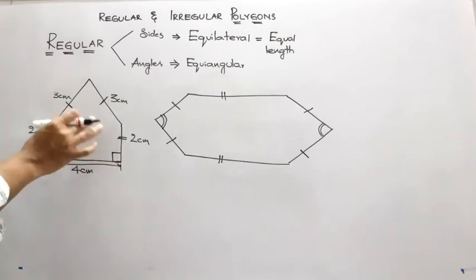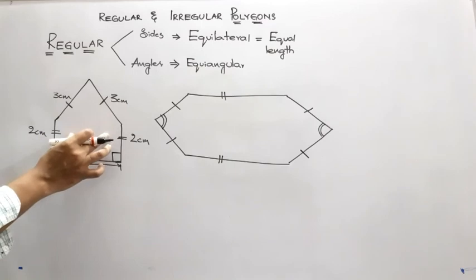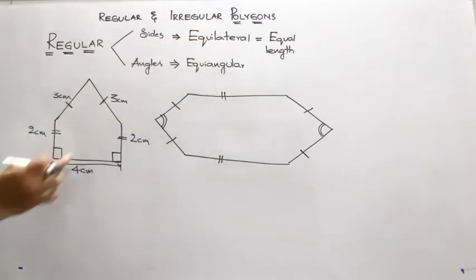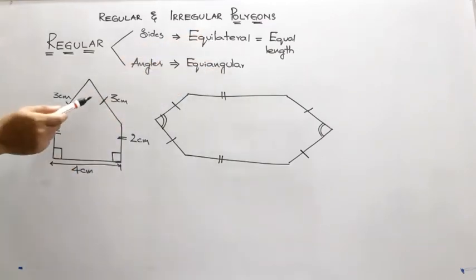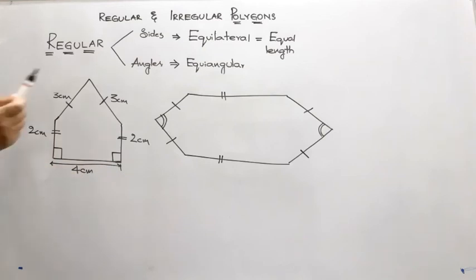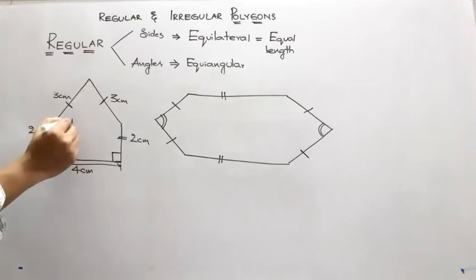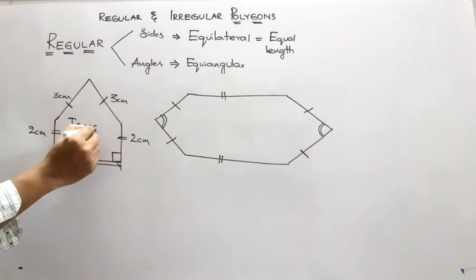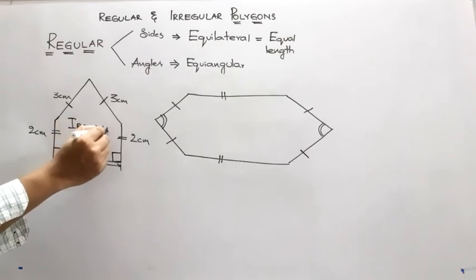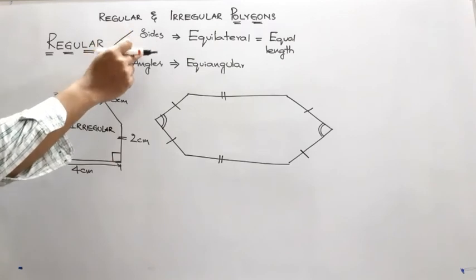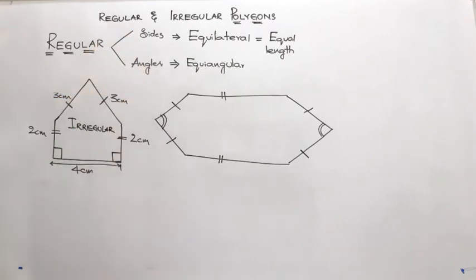So the given polygon is not equilateral because the sides are of different lengths. So this is going to be an irregular polygon. As we are clear with the sides itself, there is no need of checking the angles.